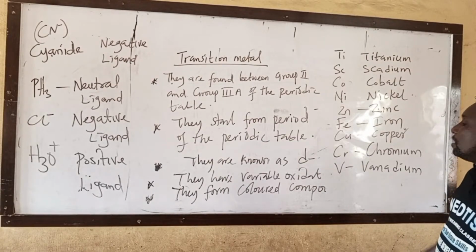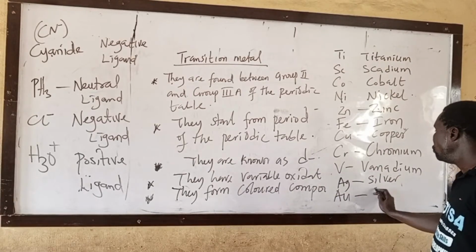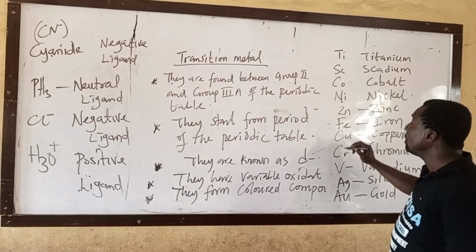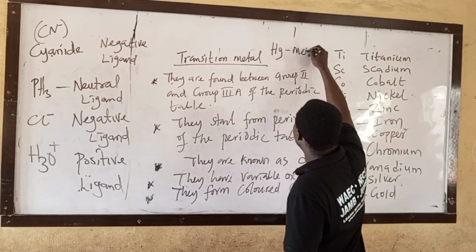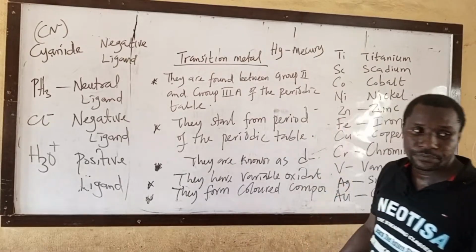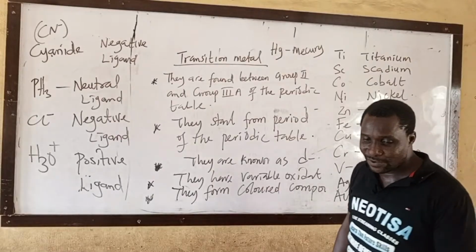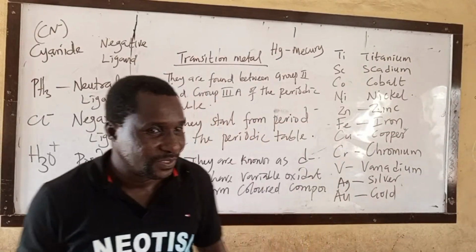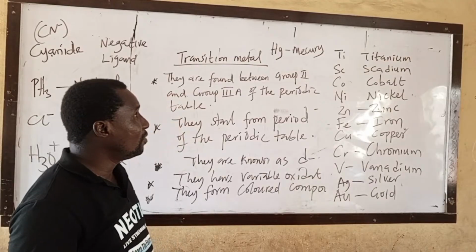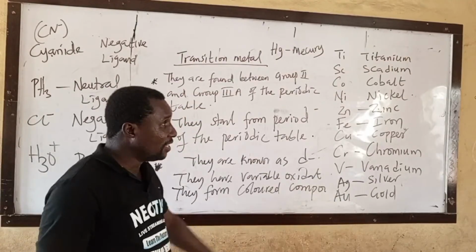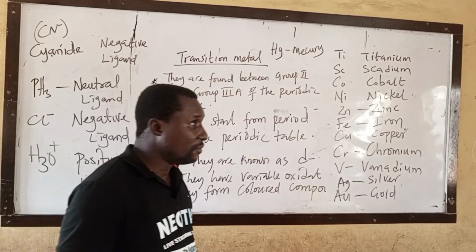I have Ag, silver, Au, gold, mercury. No, tin is group 4. These are the common ones that you have to know at this level.